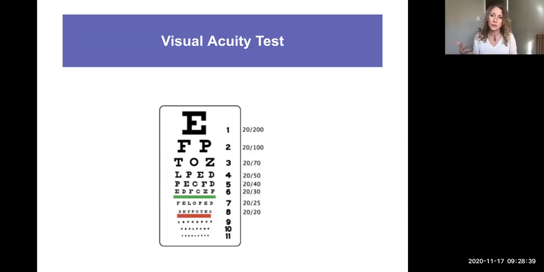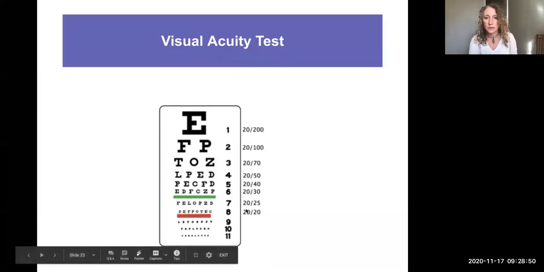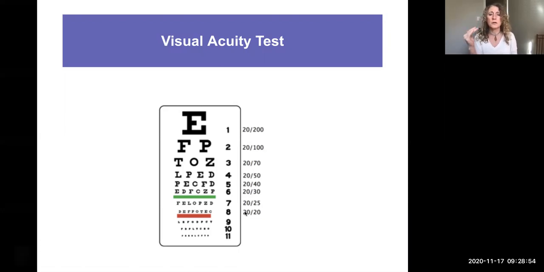And then they tell you what your visual acuity is. All right, so we know that that's really talking about the fovea. And that is going to determine your visual acuity. All right. And then, of course, when it comes to human vision, 20/20 is the optimal vision.